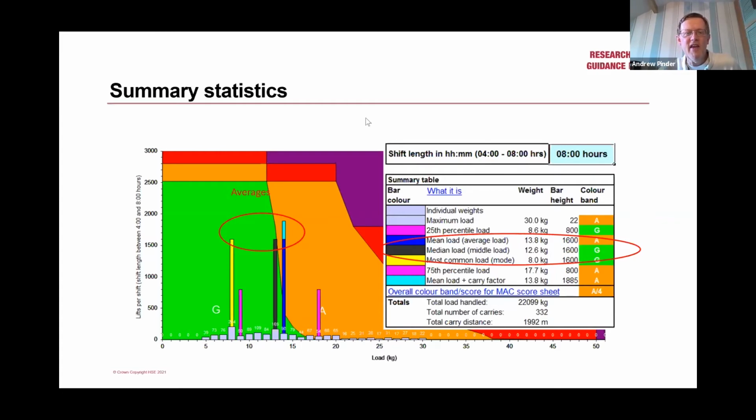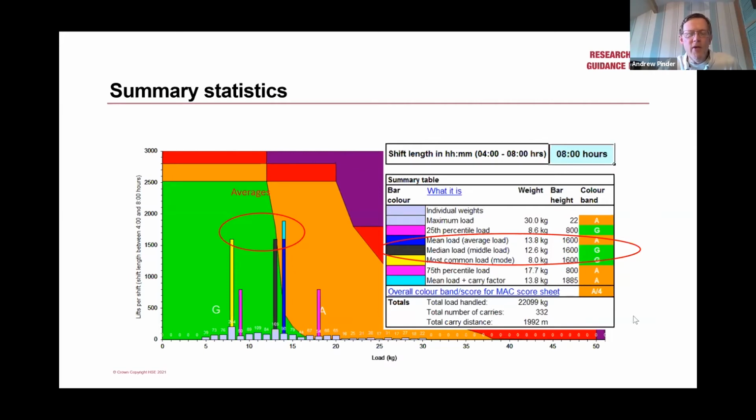And in this case, it's 8 kilos, and the bar is the same height as for all the averages. That's something which is quite difficult to make sense of, but overall, I felt it was the easiest way to do that.